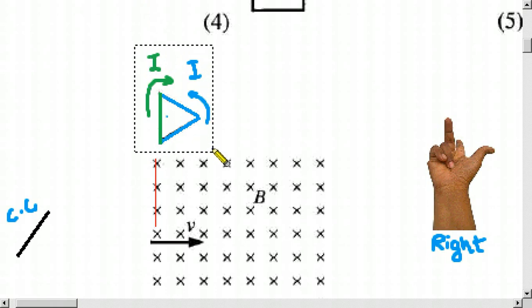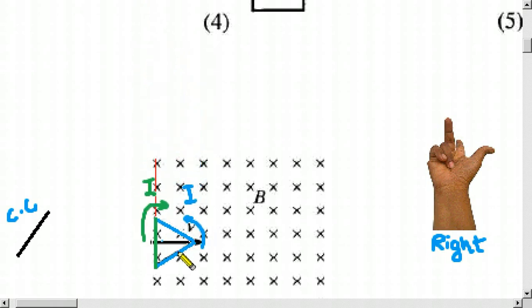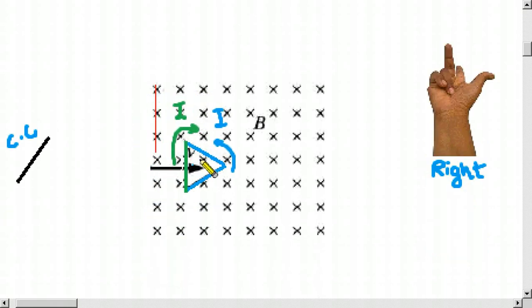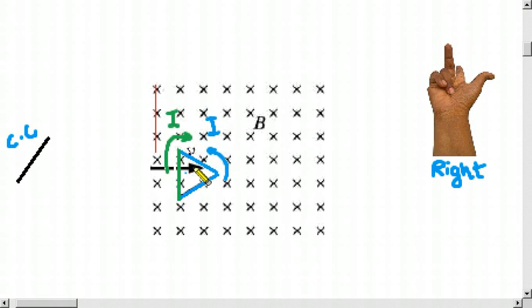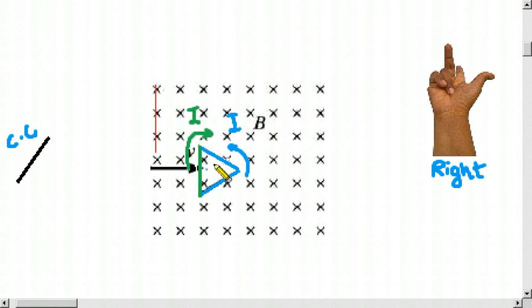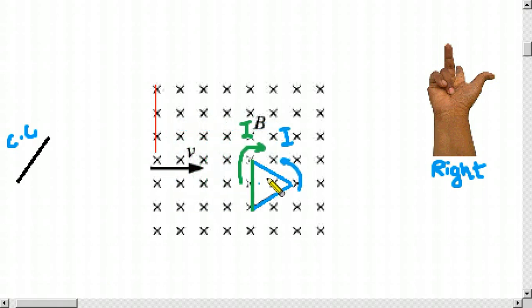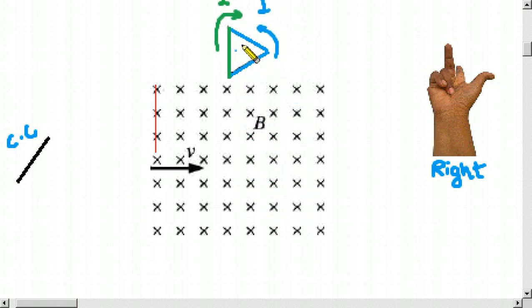That happens as soon as the total loop is inside the magnetic field. So now there are two currents, each opposite to each other. So there is no net current, therefore the resultant is 0. That is why we said that until this loop is totally inside this magnetic field, the current generated is 0.